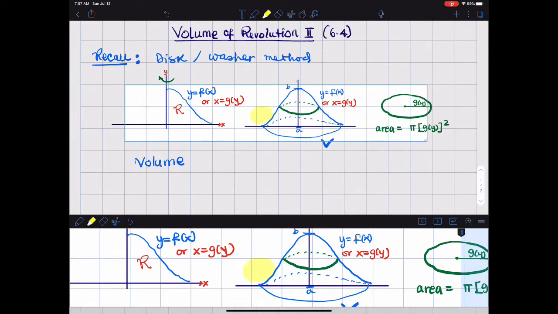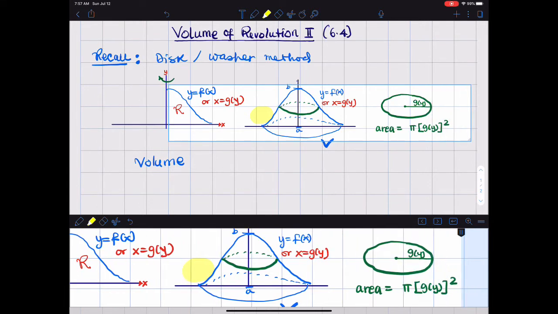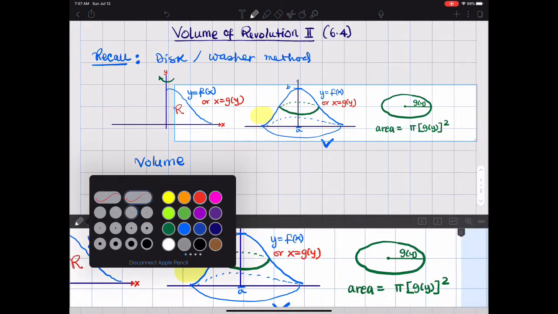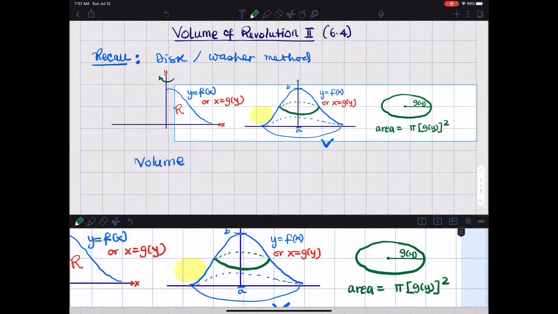Okay. Now with this solid, to find the volume, the method we looked at was to get a little cross-sectional disc, or a cross-sectional washer. In this case, it's just a disc. This disc is actually a fully solid disc.